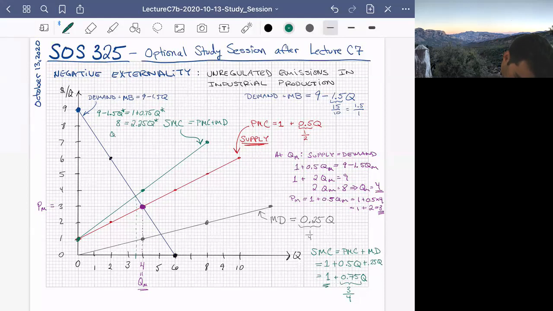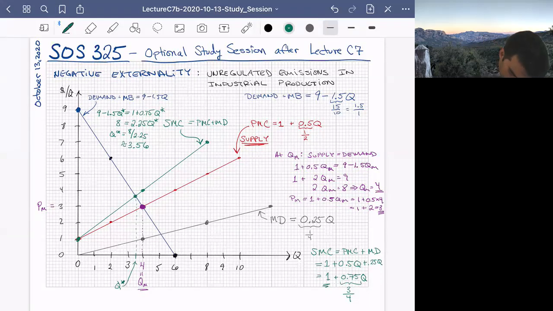Then Q star is equal to 8 divided by 2.25, which is approximately 3.56, definitely what I was expecting. So that's my Q star, my socially efficient equilibrium allocation.